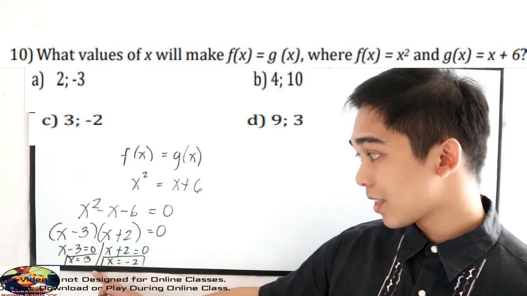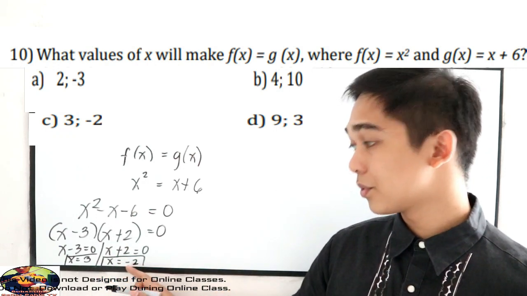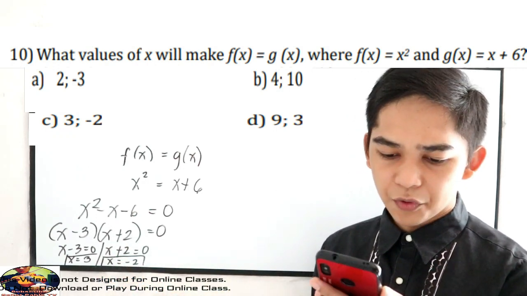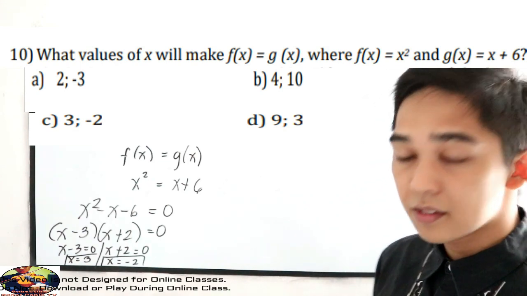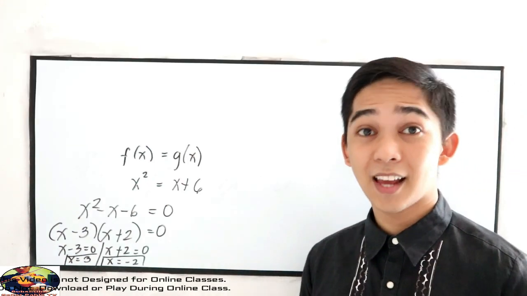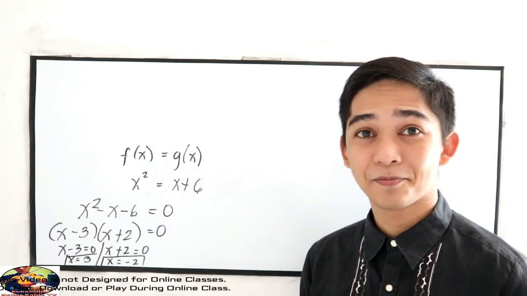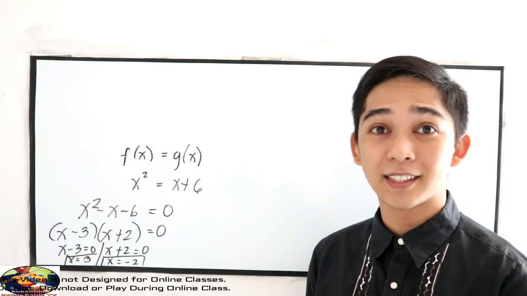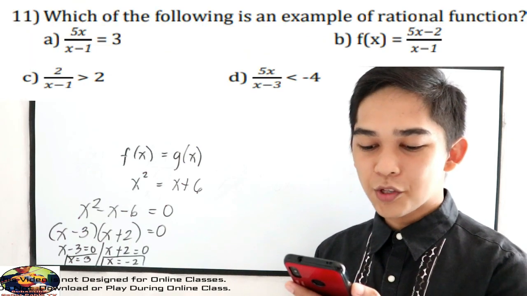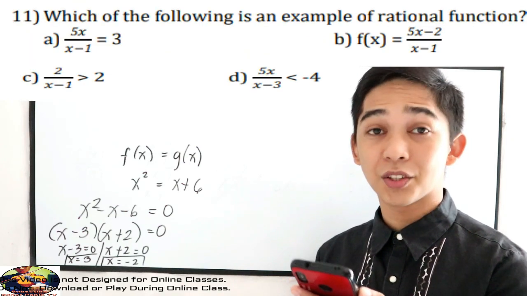X is 3 and x is negative 2. So number 10 is letter C. Letter C. Okay? Now let's try number 11. Which of the following is an example of rational function?